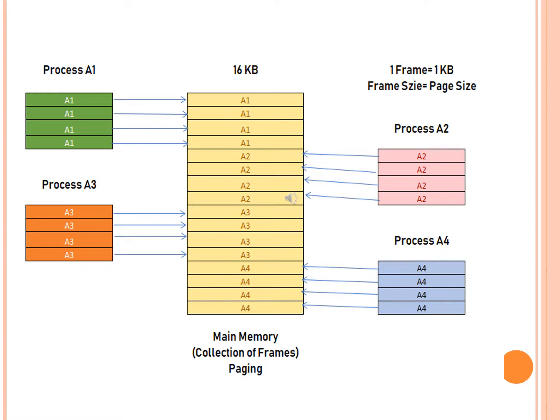Here all the processes are divided into pages of 1 KB each, so that the operating system can store one page in one frame. At the beginning, all the frames are empty, so all the pages of the processes get stored in a contiguous way.